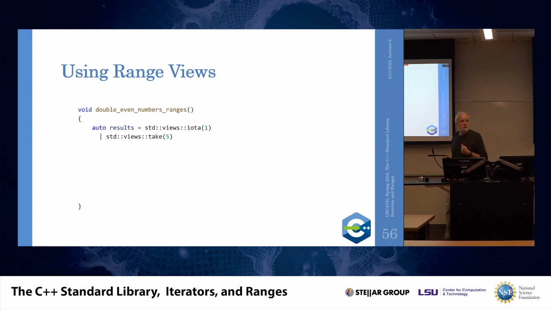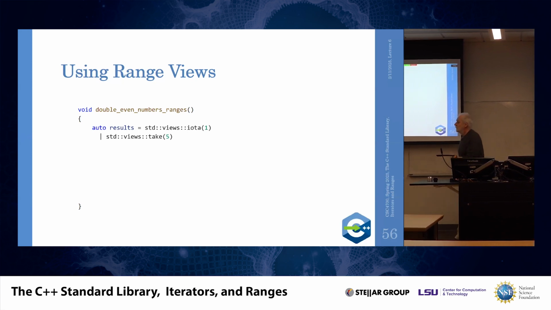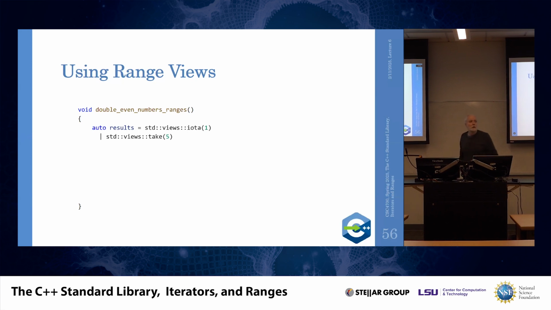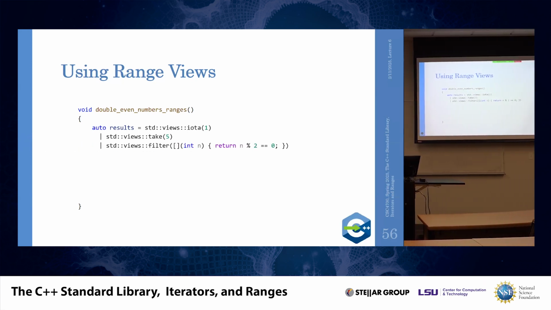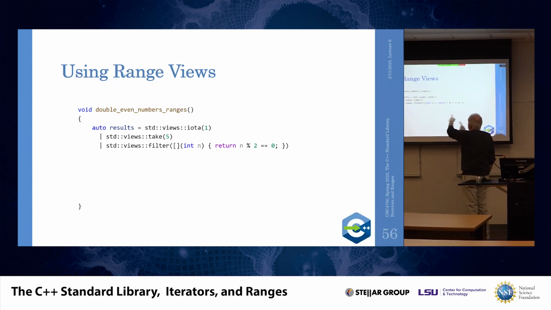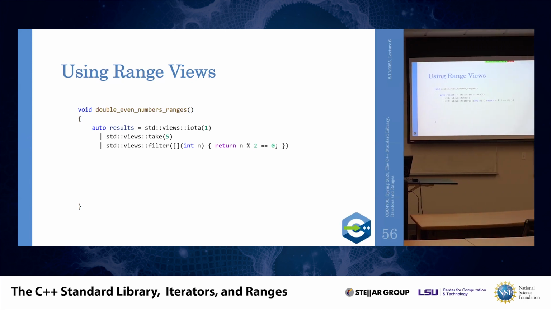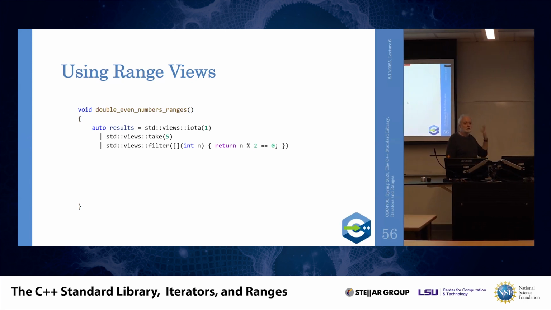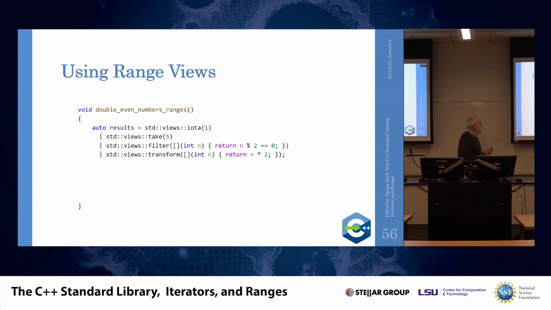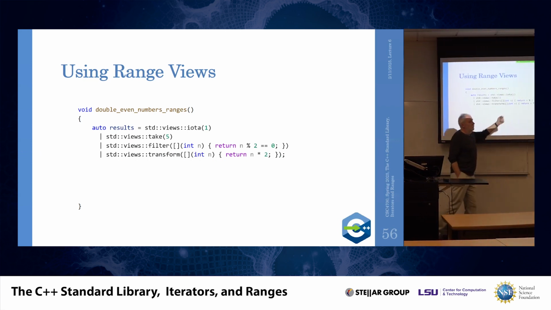Take the first 5 results you ever get. So it will constrain our iteration to the sequence of numbers from 1 to 5. Then we filter whatever we get by applying that predicate. So please apply the predicate, and if it returns true, the value will be forwarded, and if not, it will not be forwarded. And last but not least, we transform it by multiplying with 2.